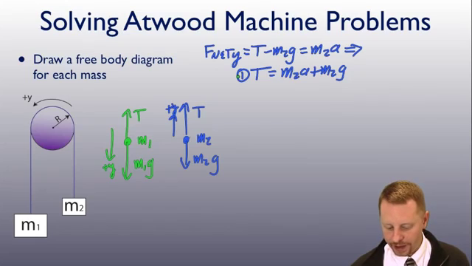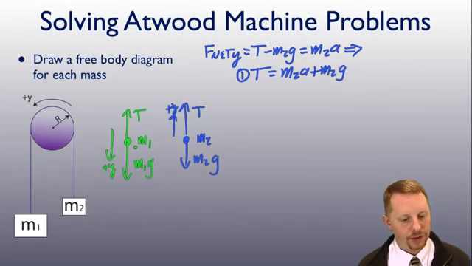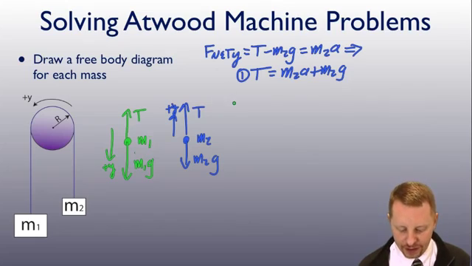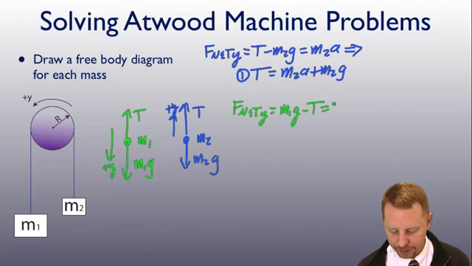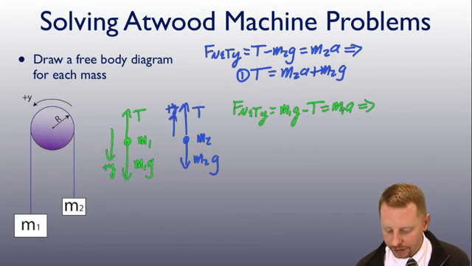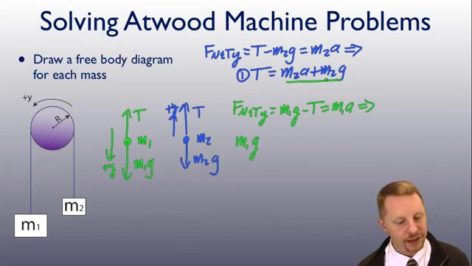Now I'm going to go back to mass 1 and write Newton's second law equation. F net y for that first mass, I have m1g in the positive direction minus T, and that must equal m1a. Therefore, I can write that as m1g, my tension, I know, is m2a plus m2g.